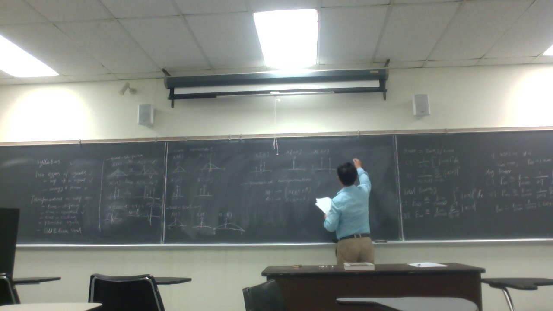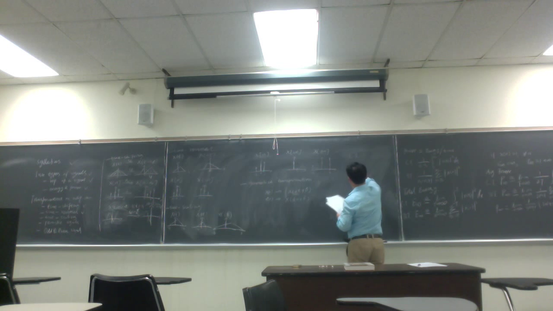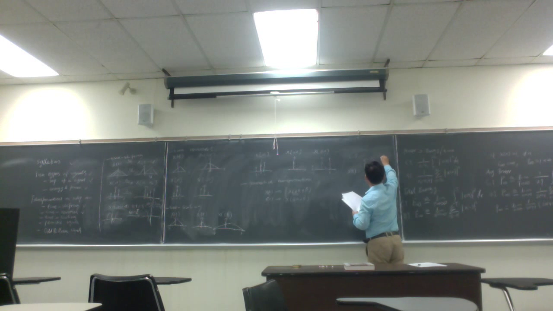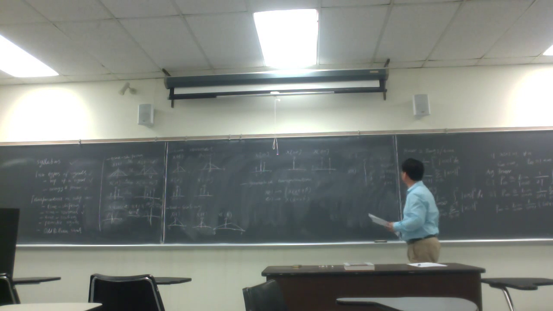Suppose we have a continuous time signal, which is defined as x(t) equal to 0 when t is less than -1, -1 when t is between -1 and 0, t squared when it's between 0 and 1, 1 when t is between 1 and 2, and 0 when t is greater than 2. Okay?